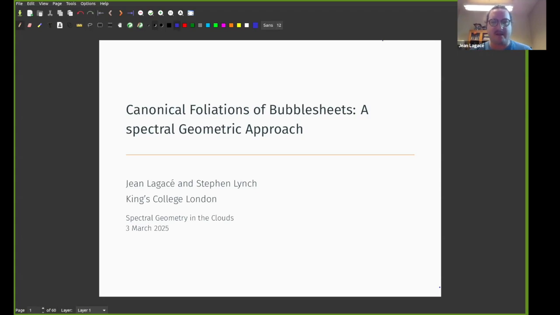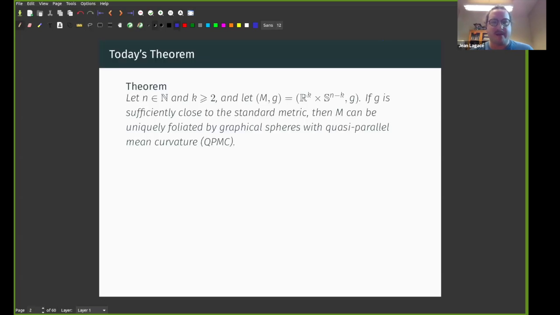Let me start with stating what the theorem of the day is. And so here it is in all its technical glory. It says that if my manifold is a product of R^k and S^{n-k}, with a metric that is sufficiently close to the standard metric, then I can uniquely foliate that manifold with graphical spheres that have quasi-parallel mean curvature.